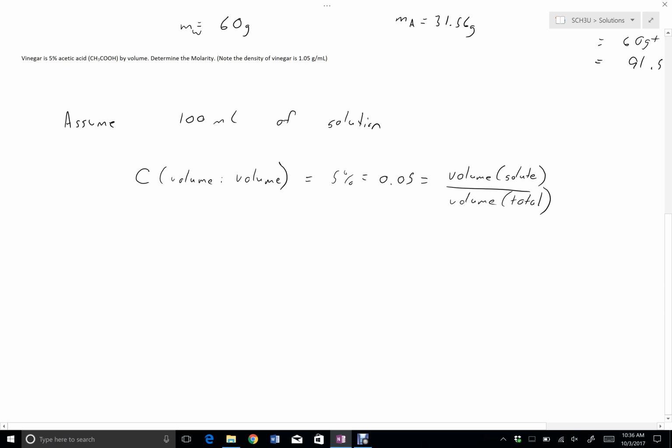Now again here, I've used an assumption that I'm going to have 100 milliliters of total solution, so that means I have 0.05 times 100 milliliters, and that's going to be the volume of my acetic acid. So that's just 5 milliliters.